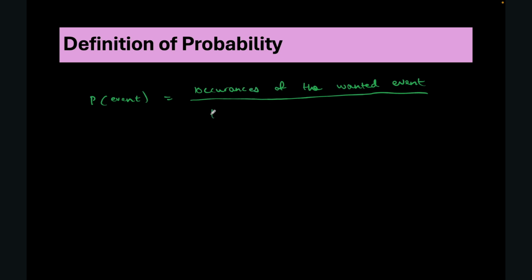By the total possible occurrences. That's how it's going to be. Fair enough? Okay. And another criteria which is quite obvious, the probability is always going to be between 0 and 1. It's as simple as that. We know that. That's how it works.